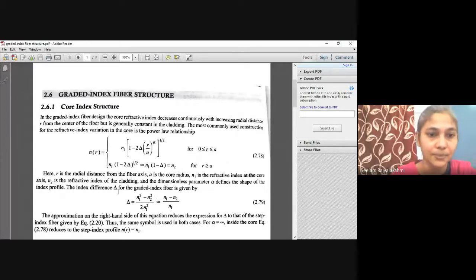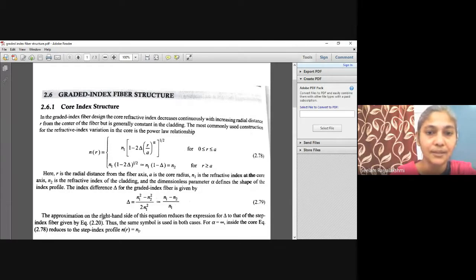So the index difference delta for the graded index fiber is given as delta equals n1 squared minus n2 squared by 2 n1 squared, where n1 is the core refractive index and n2 is the cladding refractive index. This is similar to n1 minus n2 by n1.